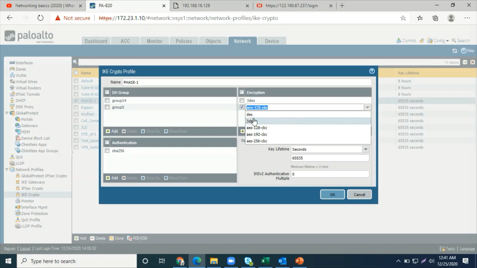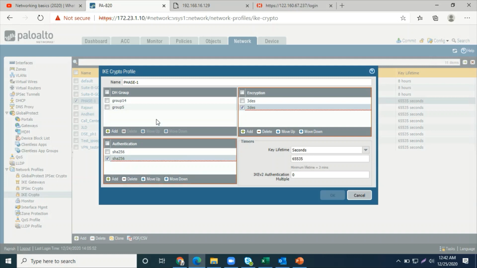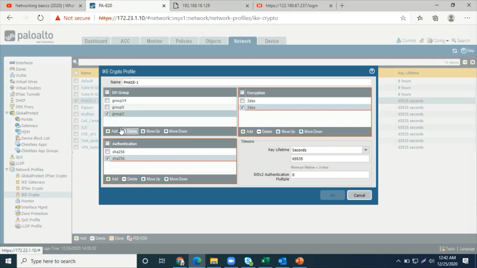There are several encryption options available; I am using 3DES, and for authentication I am using SHA-256. For the DH group, multiple groups can be used; I am using groups 14 and 5. And this is the key lifetime value. Key lifetime value means the VPN tunnel will be renegotiated after this period.